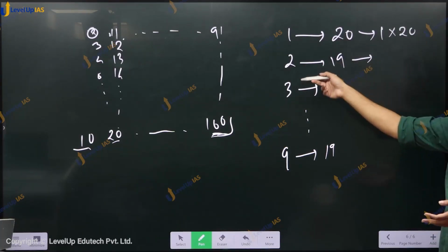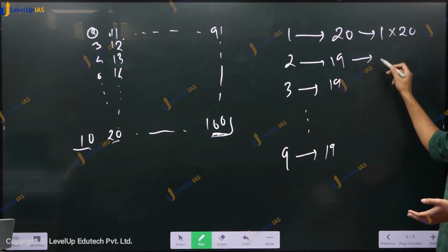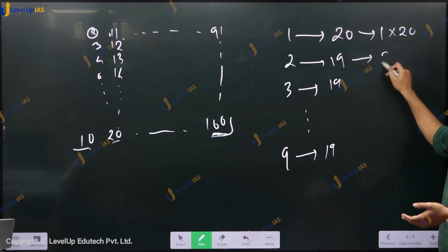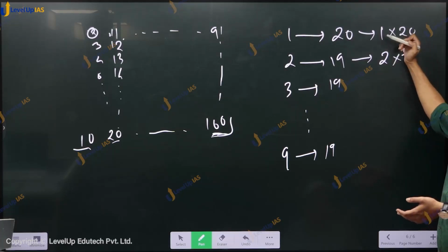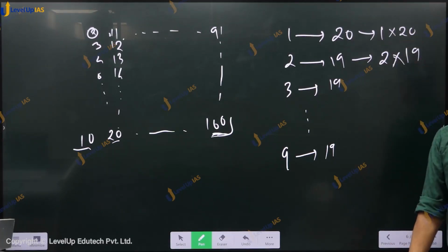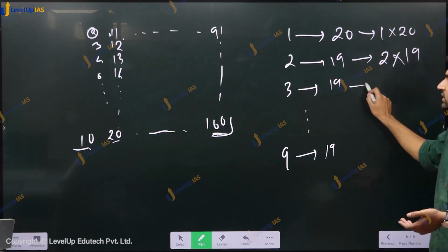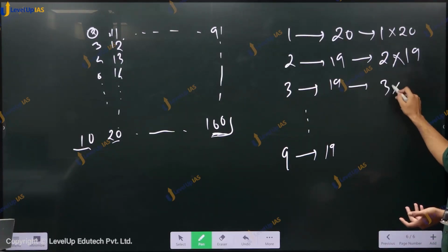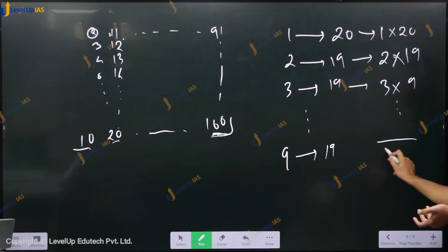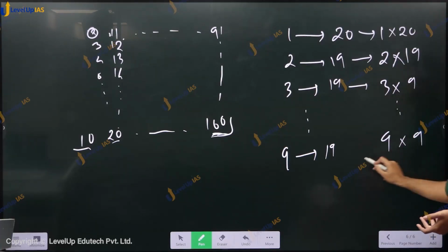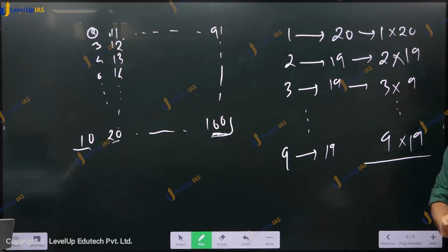What would be the sum of 2, taken 19 times? 2 into 19. What would be the sum of 3 taken 19 times? 3 into 19. And so on up to 9 into 19. And we want to add all those numbers now.